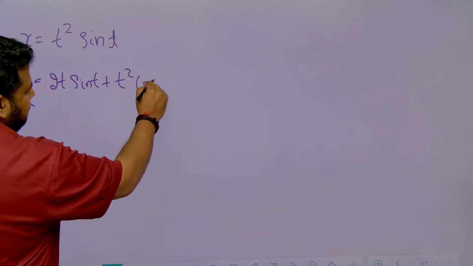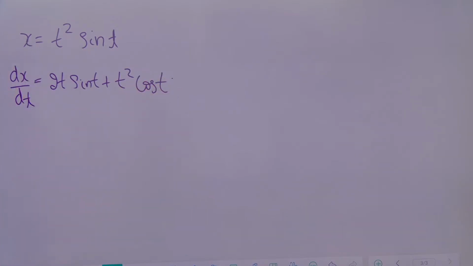That's all. Simple. This is how you can do the product rule. Understood? Fairly simple. You just have to be focused on what you keep and what you differentiate.